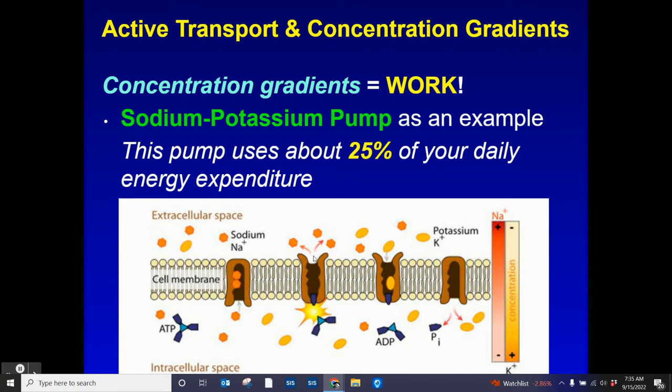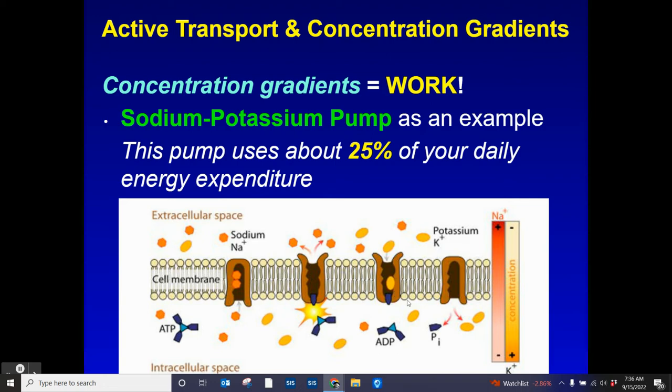Now the binding sites for the potassium become receptive to potassium ions, and the sodium binding sites become non-receptive to sodium. So now potassium ions, which are at a low concentration inside the cell, will bind to this pump, and the protein is going to dephosphorylate.